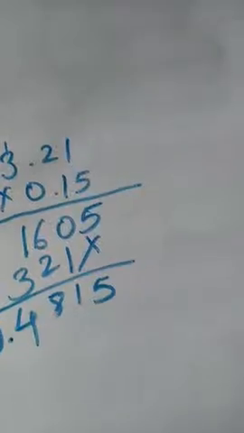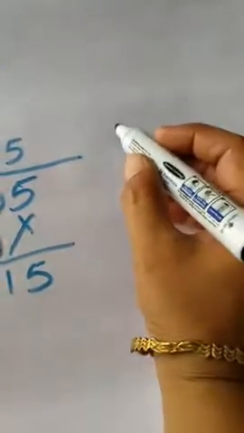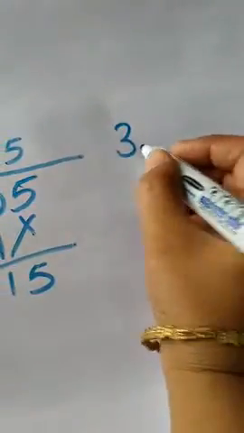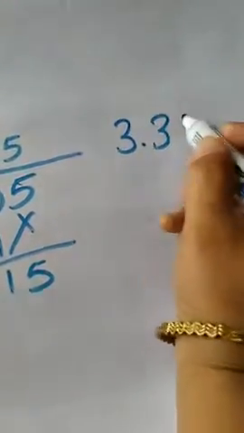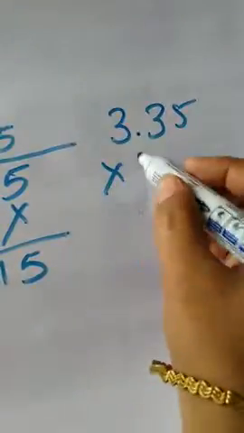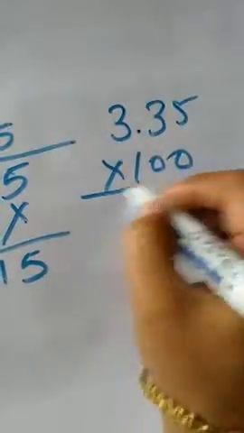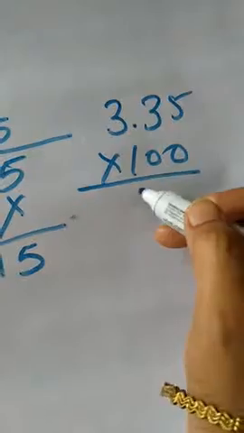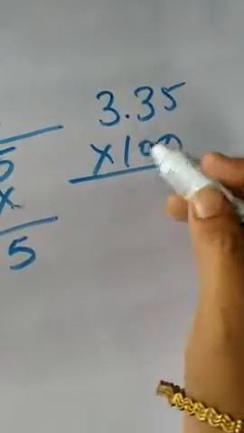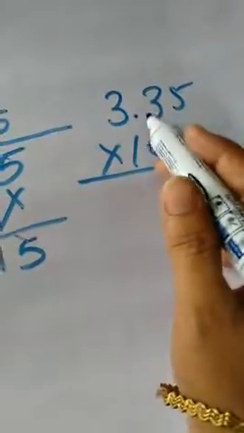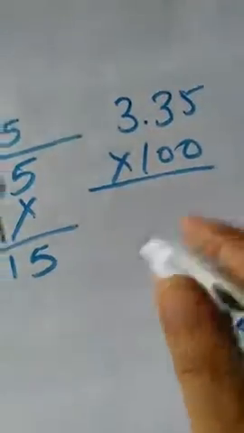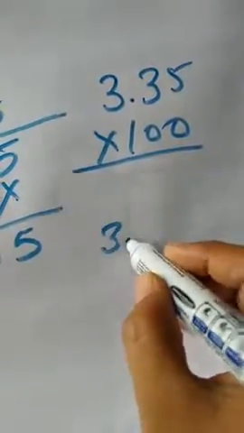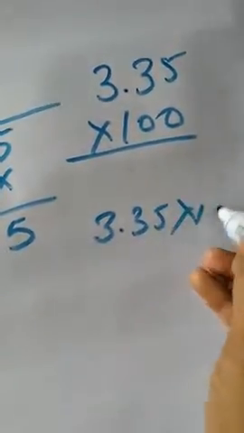Now if we want to multiply any number by multiples of 10, like 10, 100, 1000, we can directly add zeros behind it. No need to do all this process. Just take 3.35 multiplied by 100.